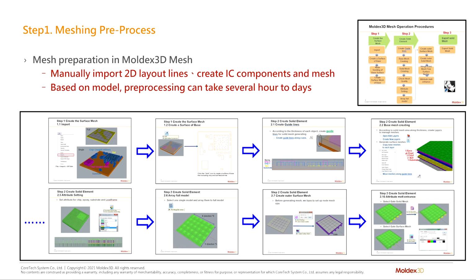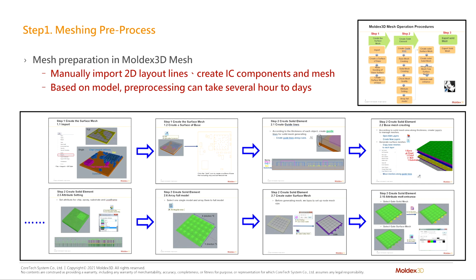And the following are the detailed steps. The first step is mesh preparation, and generally the customer will use Moldex3D Mesh as the tool to create the mesh for IC packaging.